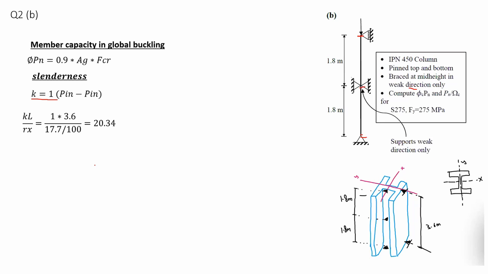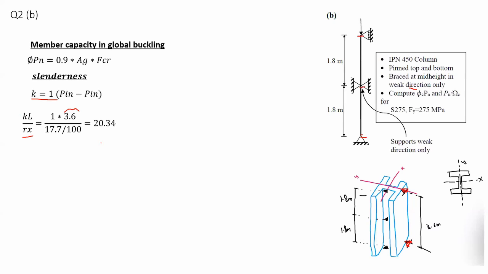So if we check for the strong axis at the beginning, it would be only pin support from top and pin support from bottom. So in this case, K would be 1, and the length would be 3.6, the distance between these two supports. And Rx, you would obtain it from the sections table.